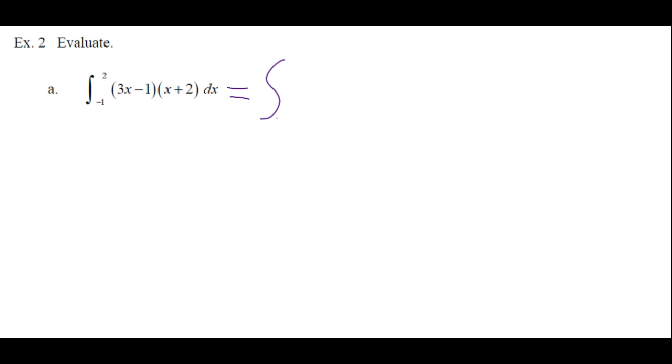So let's just rewrite this as the definite integral from 2 to negative 1 of 3x squared plus 6 minus 1, so plus 5x, minus 2 dx, which is equal to, and so now we're going to take the antiderivative, right?